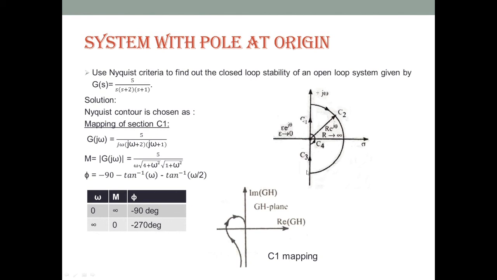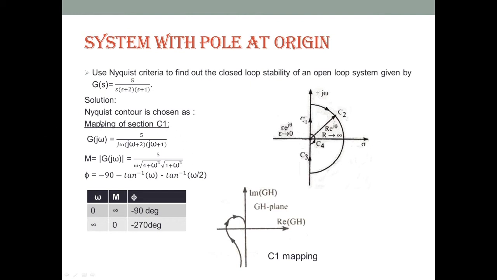For C3, omega varies from minus infinity to 0, and C4 is a very small semicircular arc with radius epsilon tending to 0.